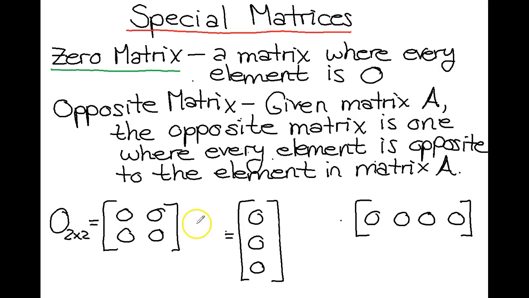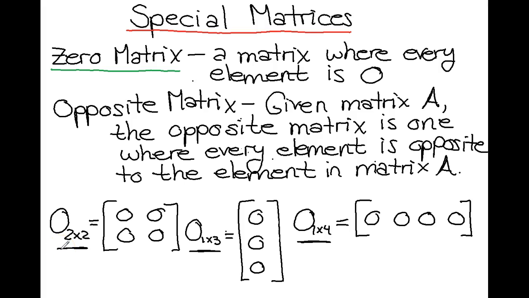A 3 by 1 zero matrix would look like this, and a 1 by 4 zero matrix would look like this. So these are shortcuts for writing the zero matrix.